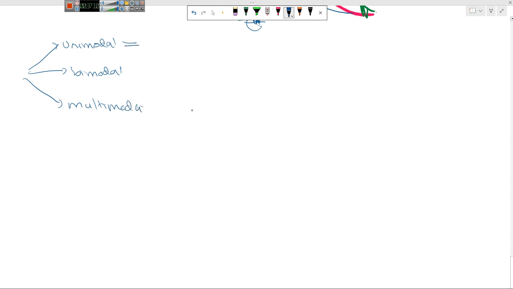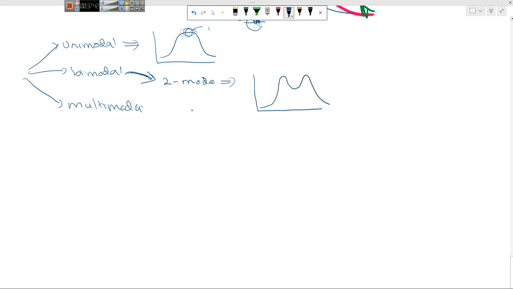If it is unimodal, we can expect a normal distribution, because it will have only one peak. But in a bimodal data set we will have two modes. The peaks represent the modes. So if we have two modes, the data set will appear something like this with two peaks. This is not our typical normal distribution shape.